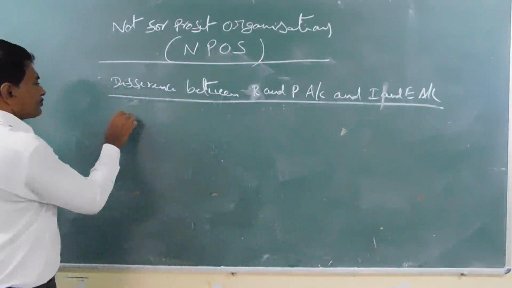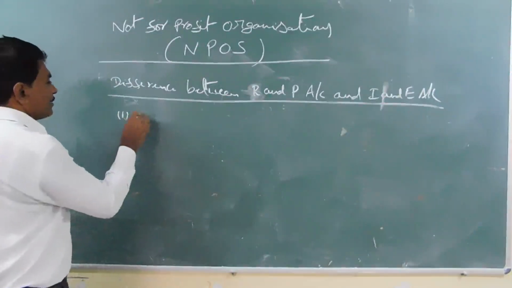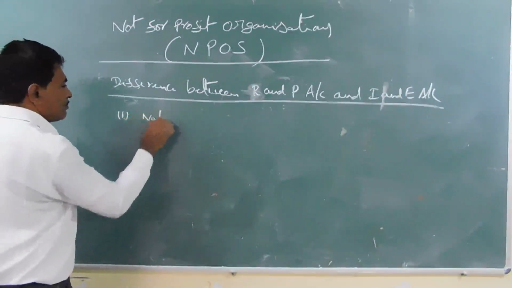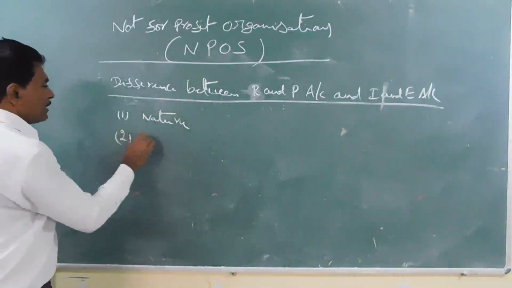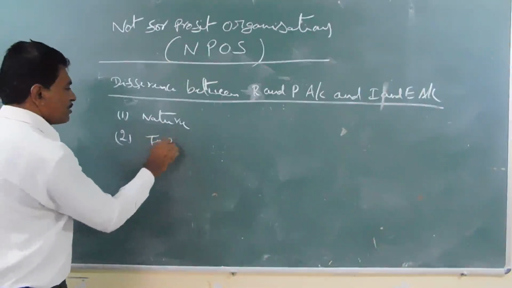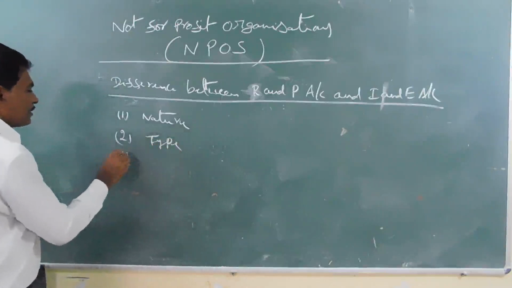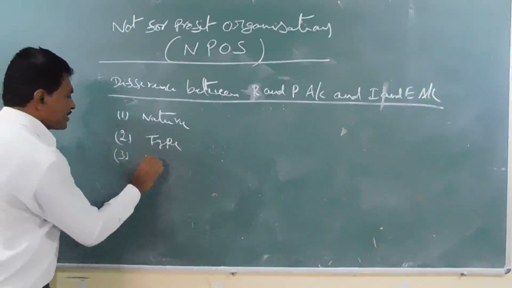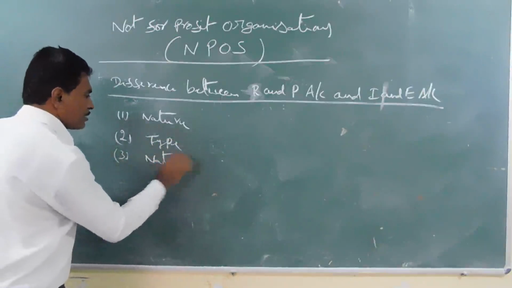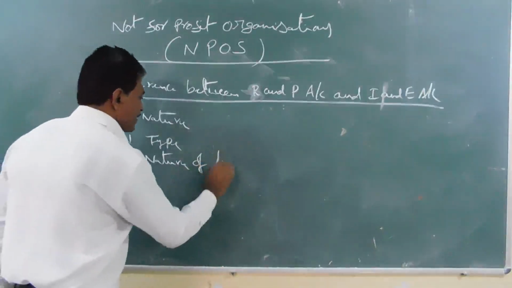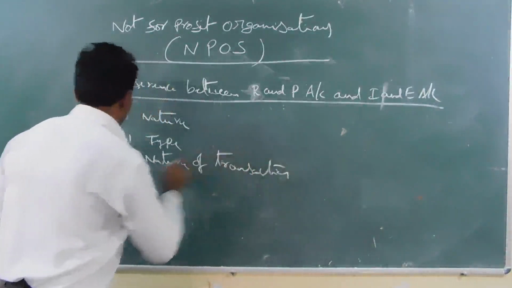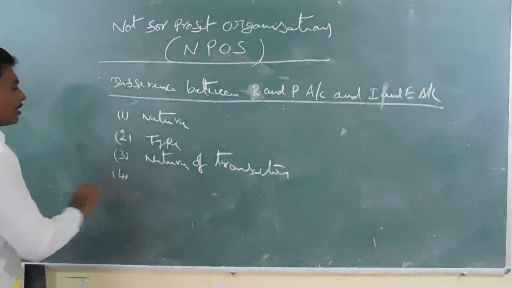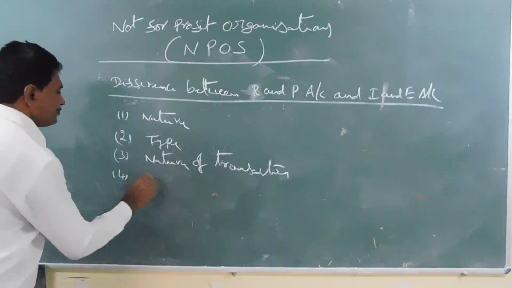First one, nature. Second one, type. Third one, nature of transactions. Fourth one, period.